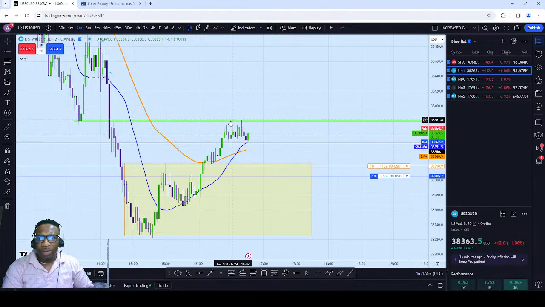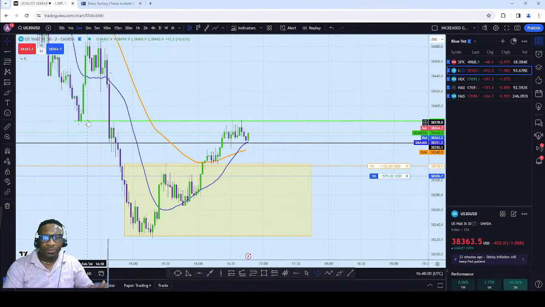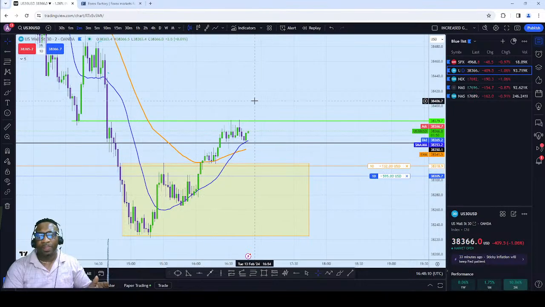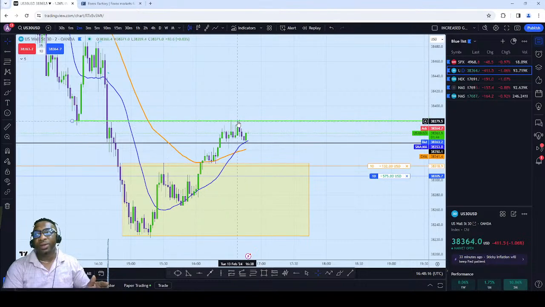In the same way, where price is being halted here, if we look left, price used this area as support when it was coming from above, and now that same area is acting as resistance.